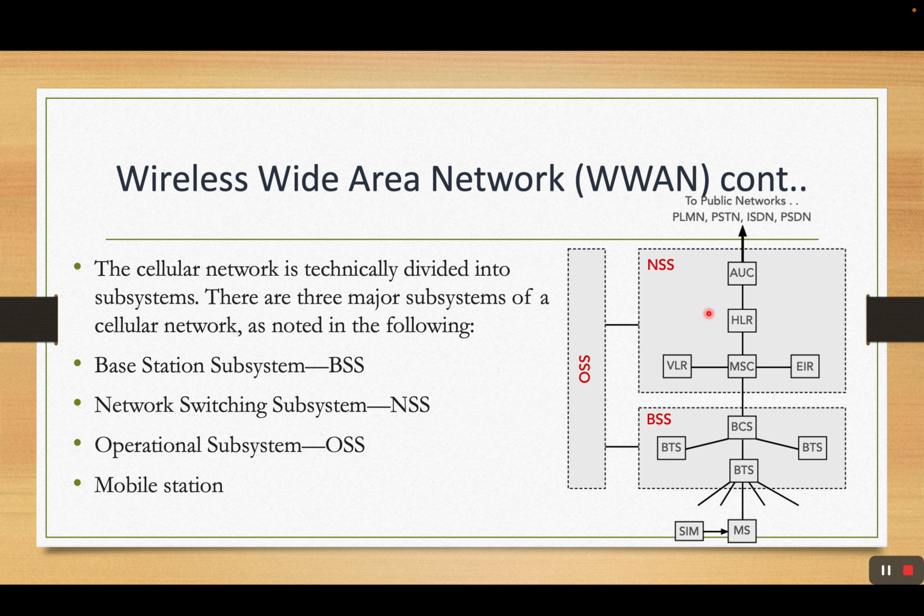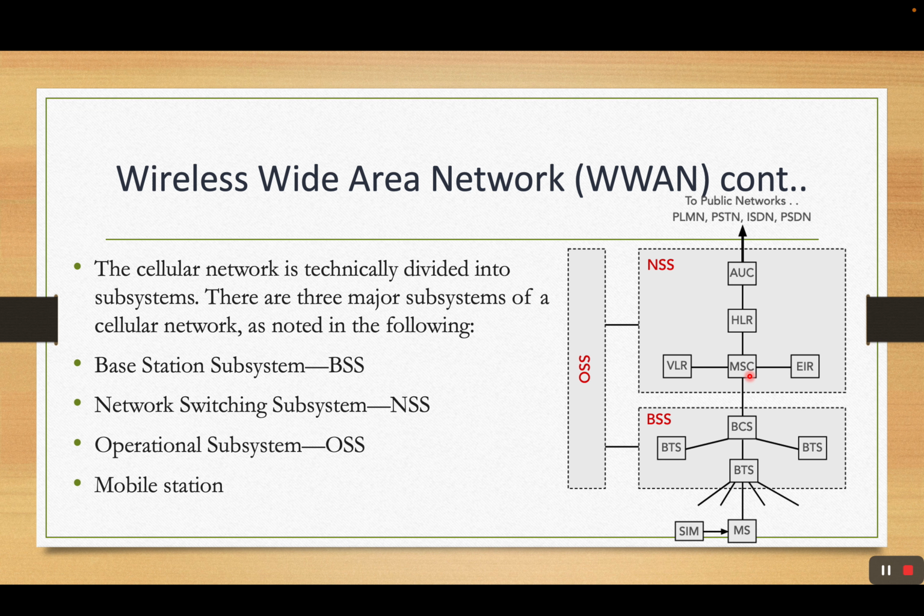It tracks the location of the callers to enable delivery of the cellular services. Now, the NSS has different parts here, like the MSC, which interacts directly with the BSS.